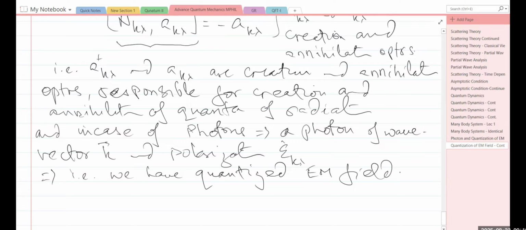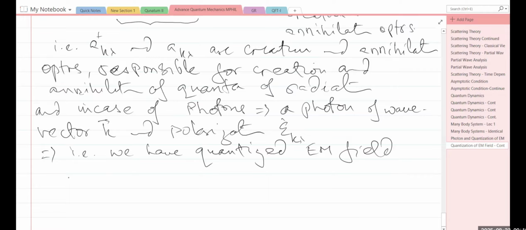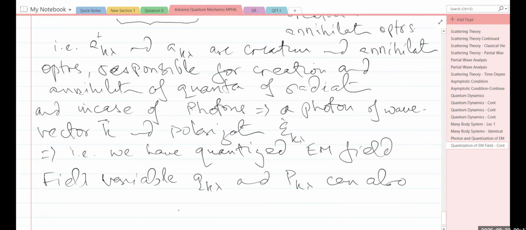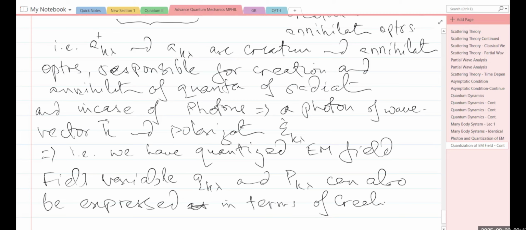Similarly, we can write these field operators in terms of annihilation and creation operators. So these field variables, q_k lambda and p_k lambda, can also be expressed in terms of creation and annihilation operators. Meaning how?